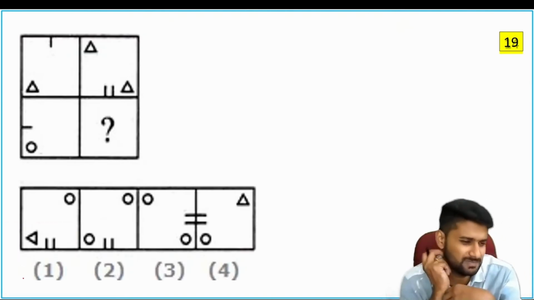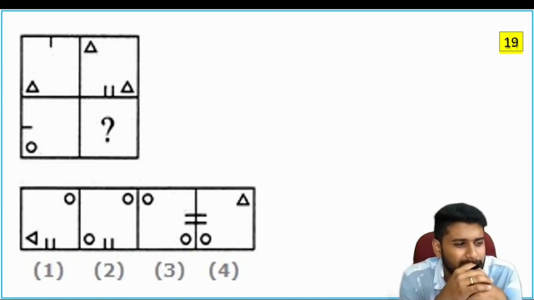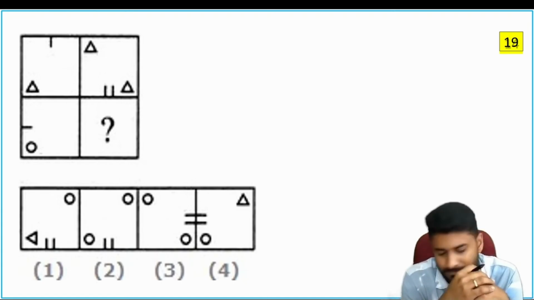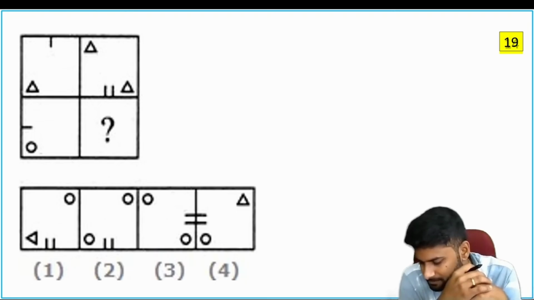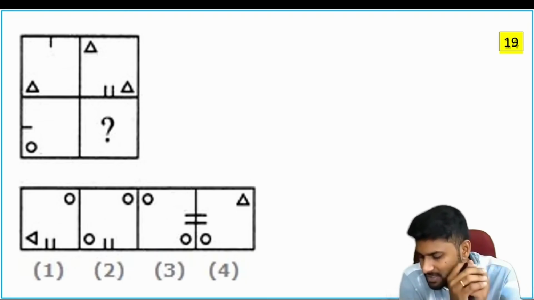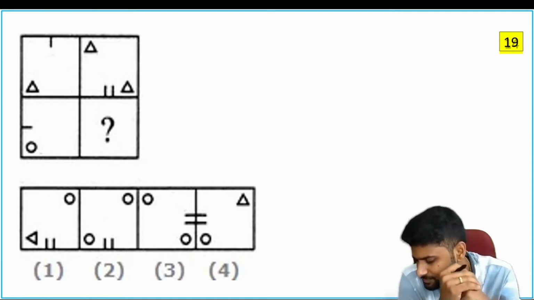What about this picture? See, all these questions need your observation. Yes, observation is most important. Then only you will get the perfect logic.